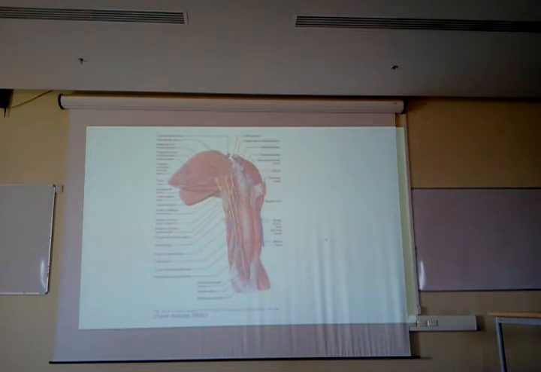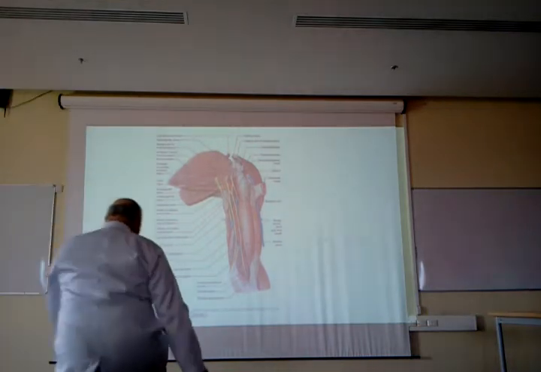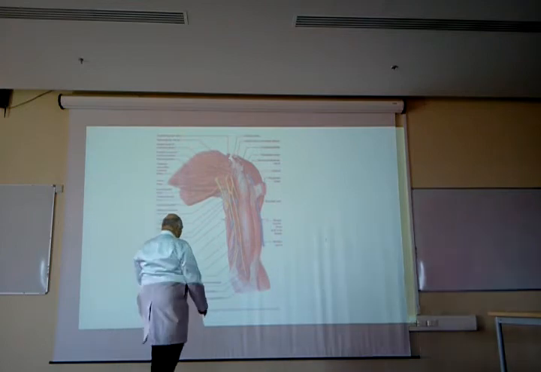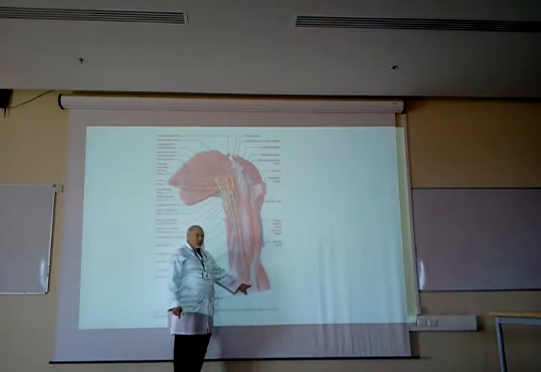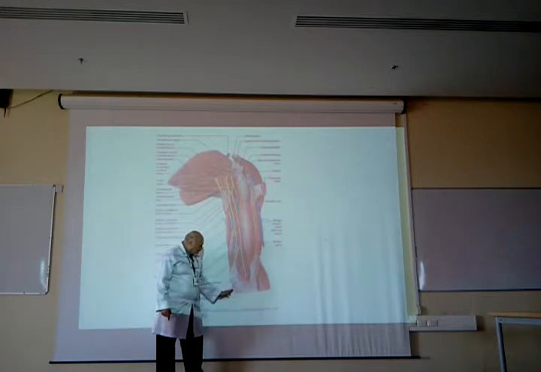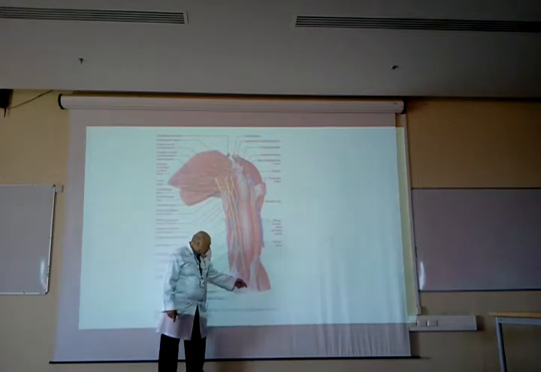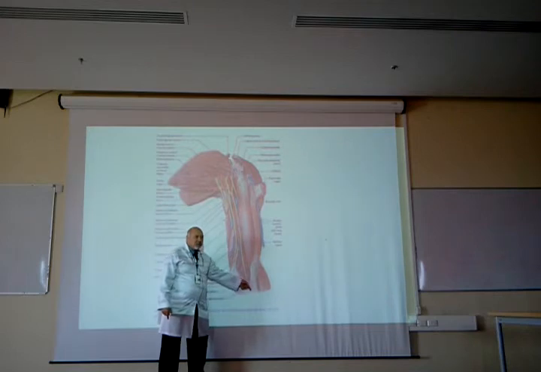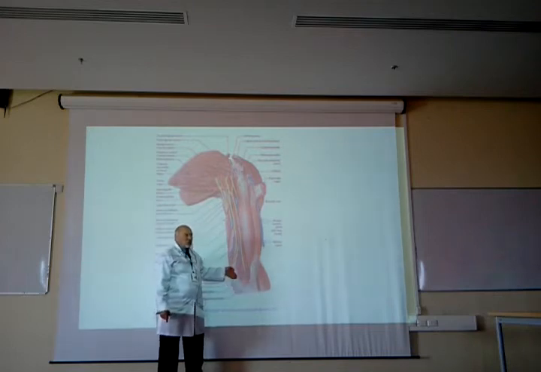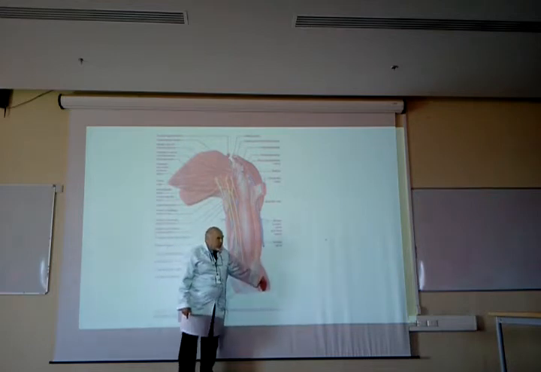This is the bicipital aponeurosis. It is attached to the deep fascia of the forearm and the fascia covering this muscle. This muscle is the pronator teres. While this muscle is the brachioradialis.